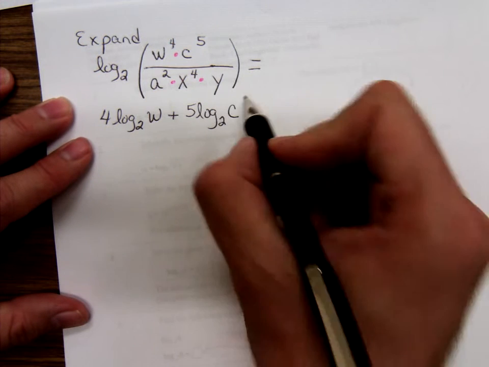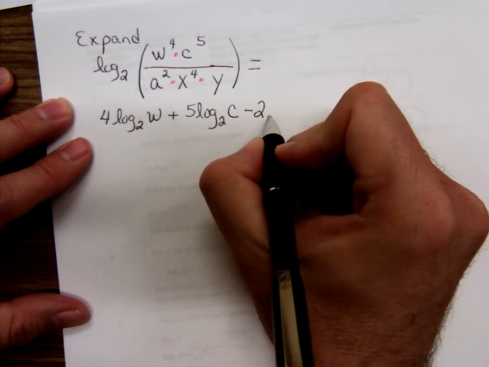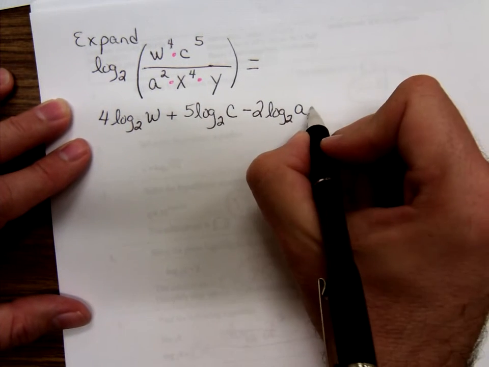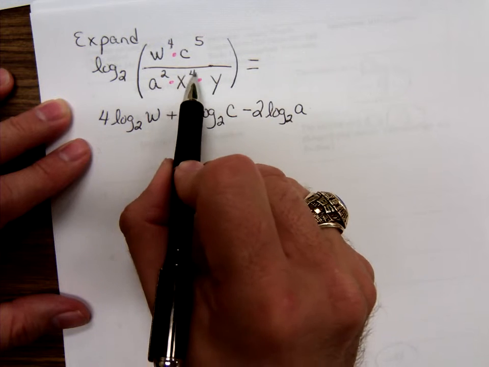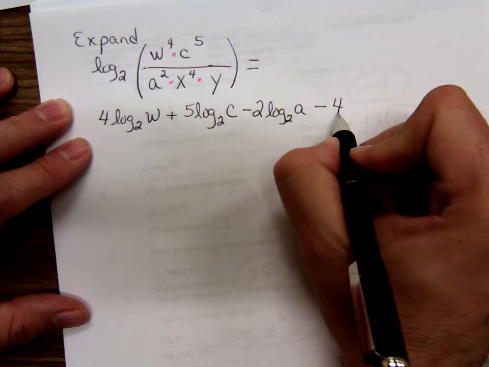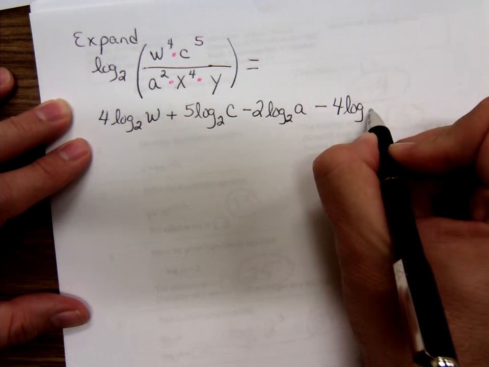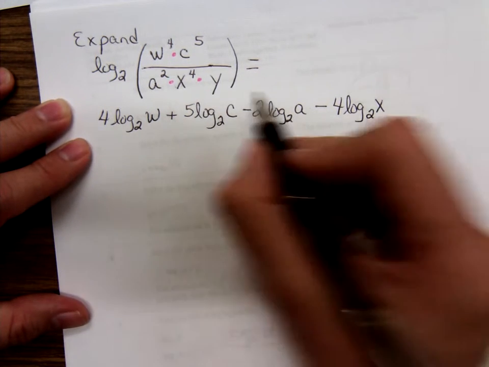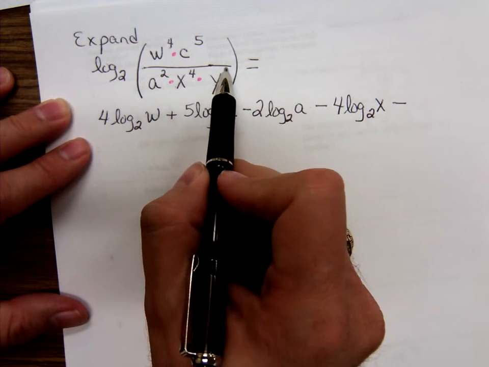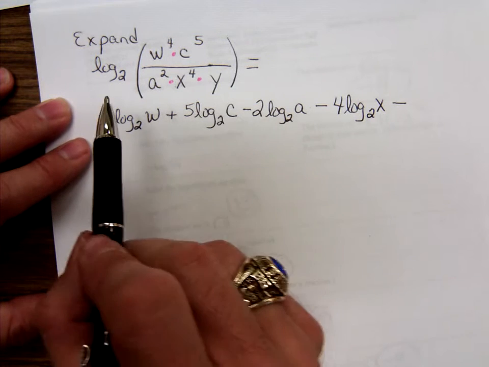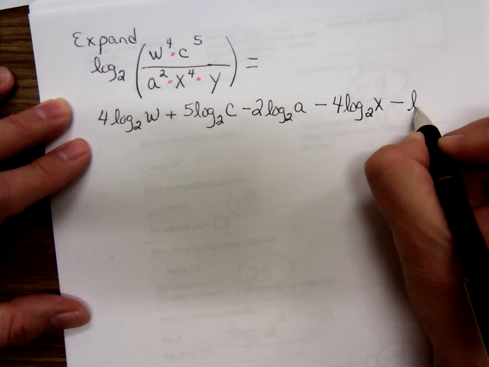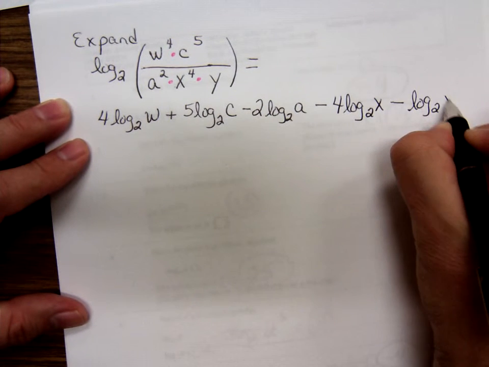The exponent goes in front of the letter L, the x to the 4th is in the bottom, so we put a minus. The 4 goes in front of the letter L. The y, well, there's not an exponent on the y other than the assumed 1. So I'm just not going to bother putting a number in front of the letter L. If you want to put a 1, okay, log base 2 of y.